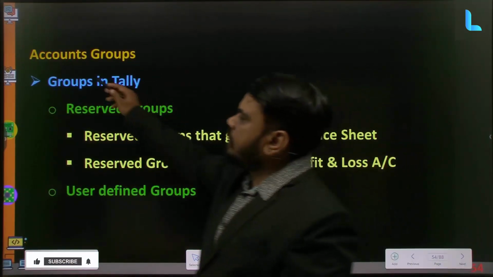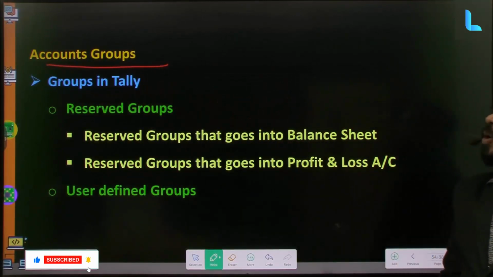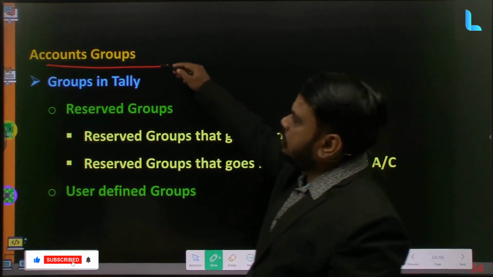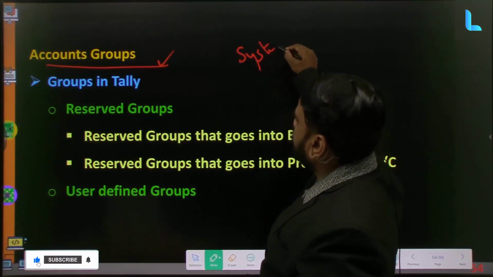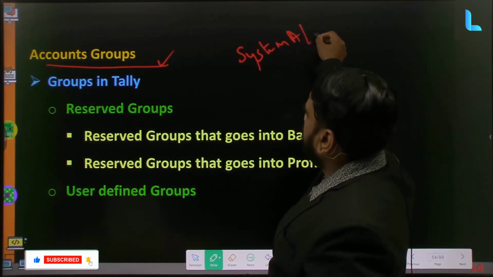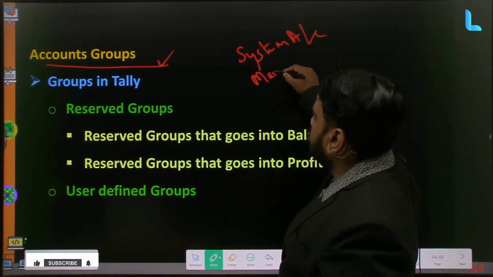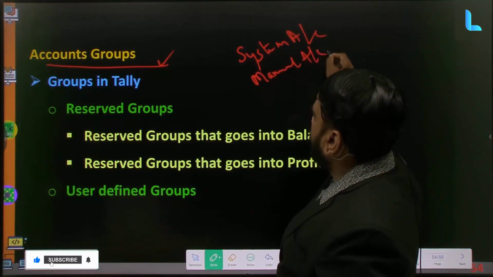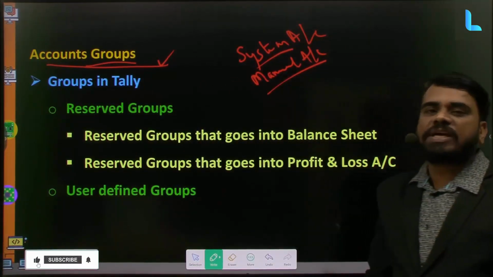The next topic we are going to discuss in accounting is the account groups. This is very important. Before we start either the manual method or the system method of accounting, you need to have the basic knowledge of account groups or the classification of accounts.